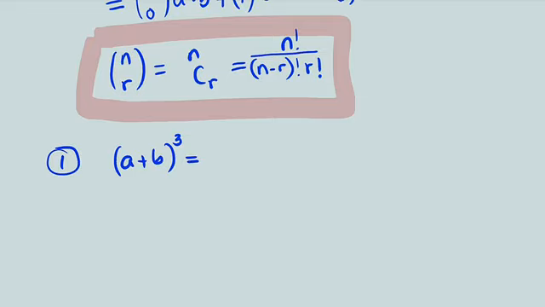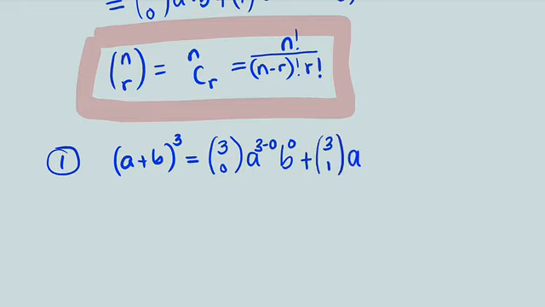So this is equal to 3 combination 0, that's the first term when r is equal to 0, a raised to the power of n minus 0, then b raised to the power of 0, plus 3 combination 1, a raised to the power of n minus 1, that is 3 minus 1 equal to 2, then b raised to the power of 1, plus 3 combination 2, a raised to the power of n minus 2, that is 3 minus 2, which is equal to 1, then b raised to the power of 2.